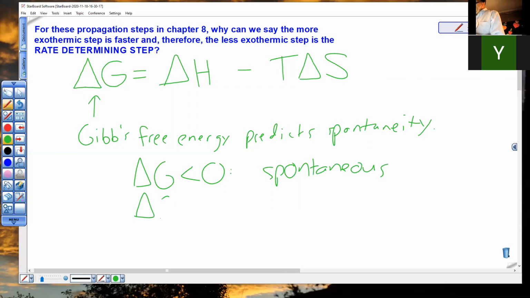And as you might guess, delta G greater than 0 is not spontaneous. It prefers going in the backwards direction.